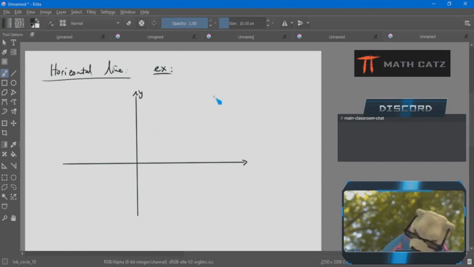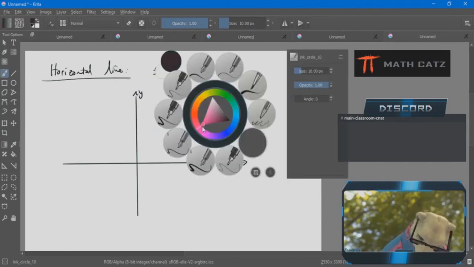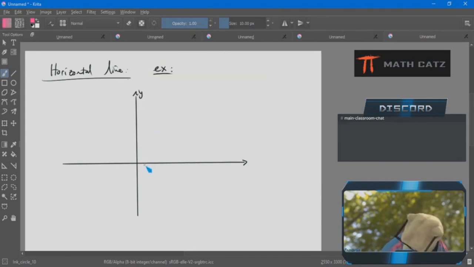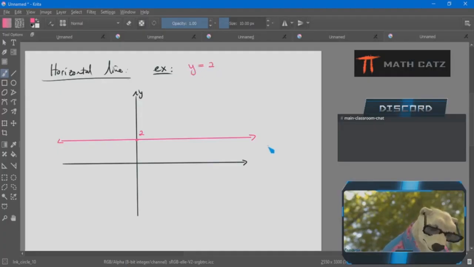Let's make it pink or something. Horizontal line goes on forever, let's suppose at 2. What is the equation? Well, regardless of the x value, y is always equal to 2. You can plug any x value into this equation. The y value is always 2.